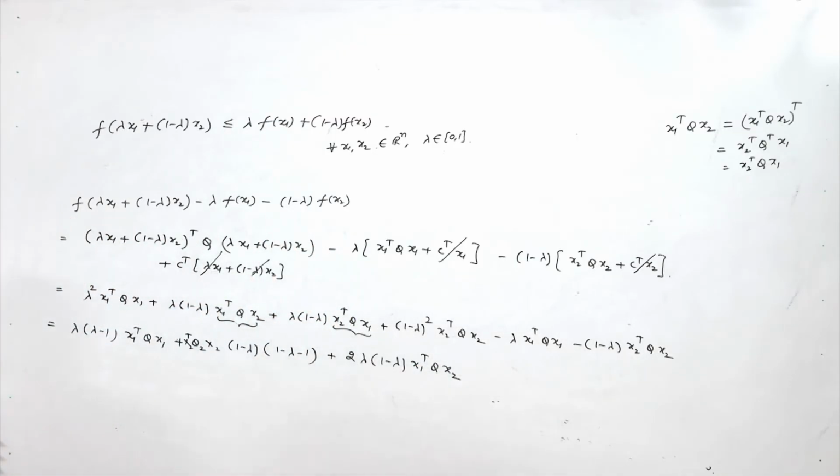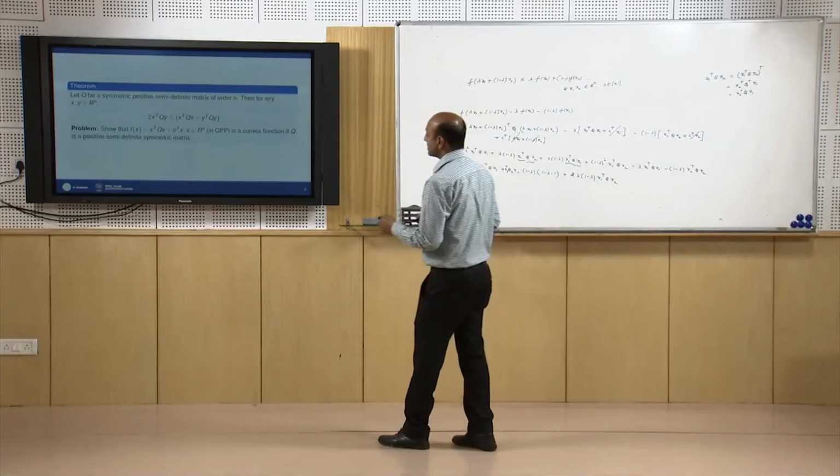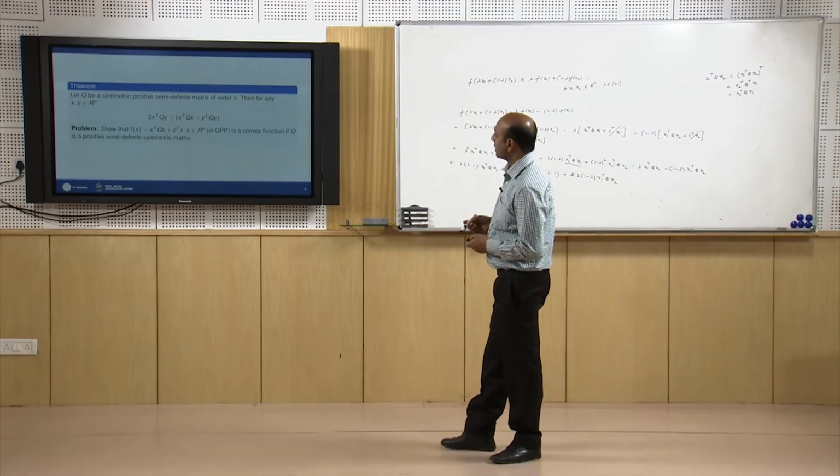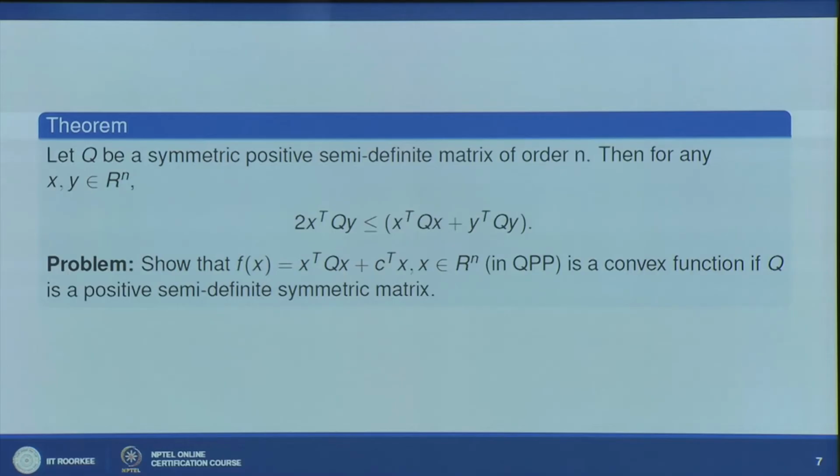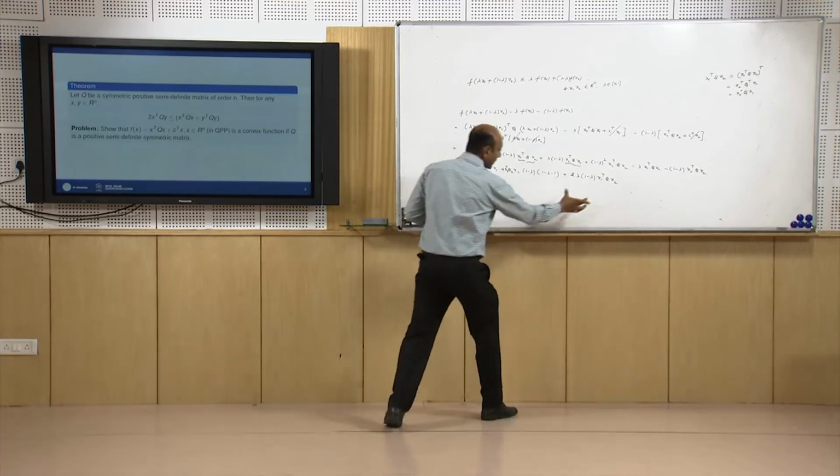Now, we apply this result, that is, if Q is a symmetric positive semi definite matrix, then twice of x transpose Q y is less than or equal to this quantity. This we have already proved. So, we can apply this result over here.